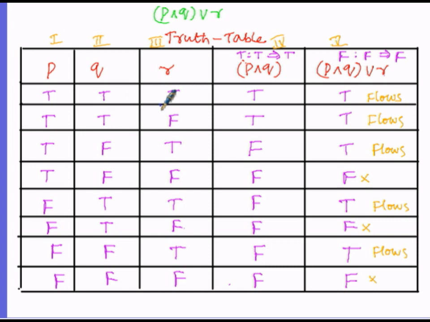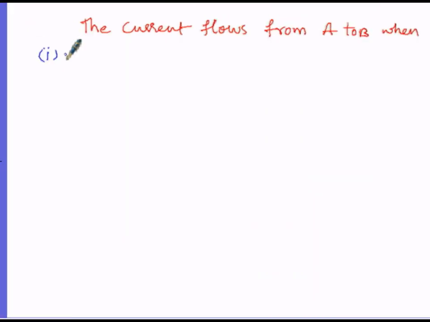So here we know that when the truth value is true, it is understood that the switch is closed. So in the first case P is closed, Q is closed, and R is also closed.